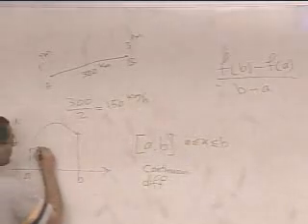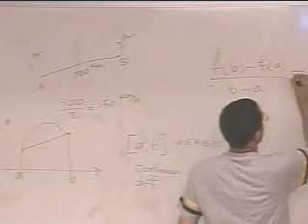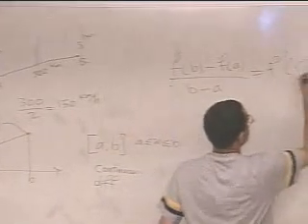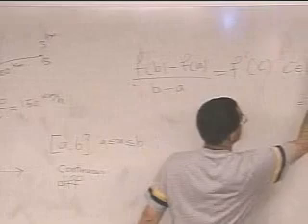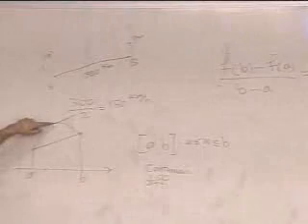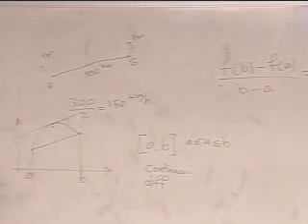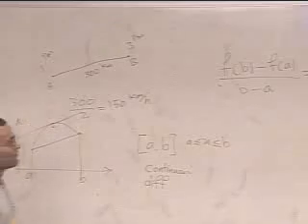This is just the slope of this line connecting these two ends. You are sure that there is one point c belonging to (a, b) at which the derivative is equal to the slope of this line. So in this case, c is somewhere here. You are sure that there is one point here at which the slope will be equal to this. This is called the mean value theorem.